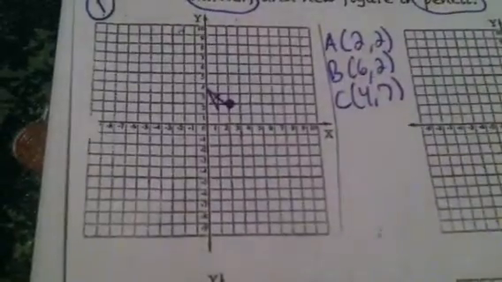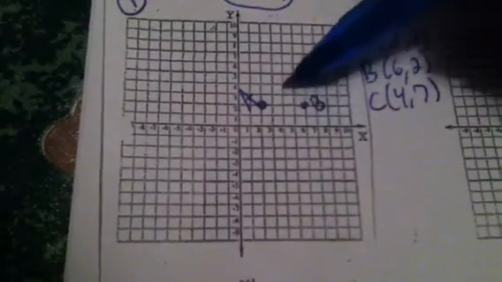You should have gotten B, which is over 6, because remember the x is listed first. So 1, 2, 3, 4, 5, 6, then up 2. So that you got B right here. And then you should have gotten C right here.